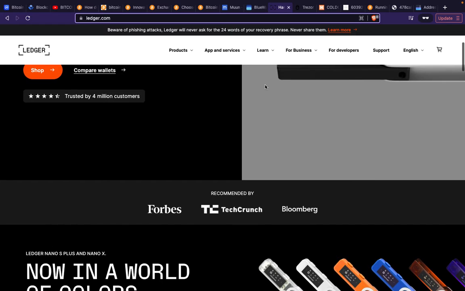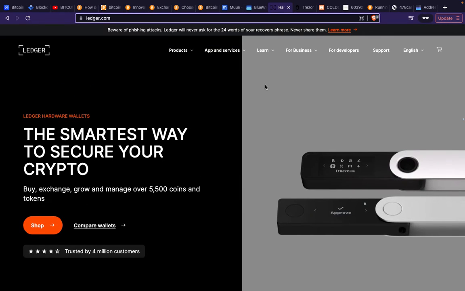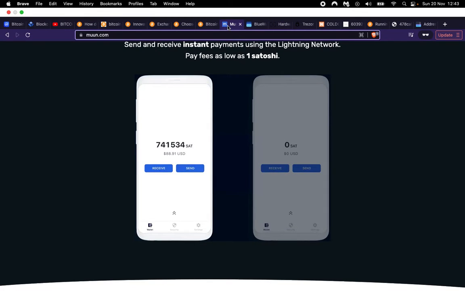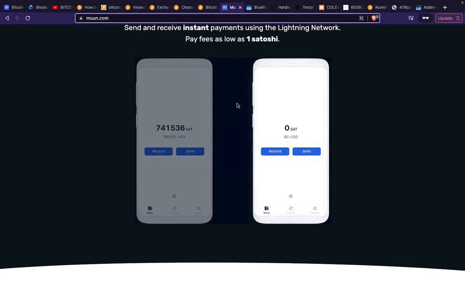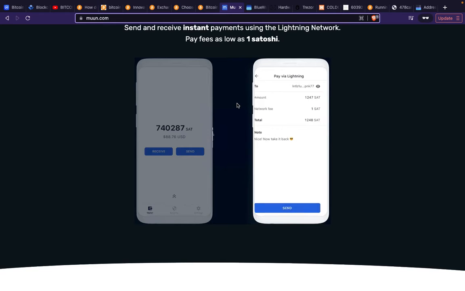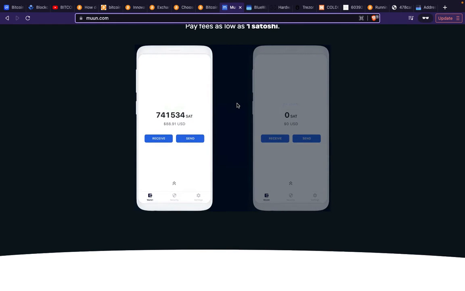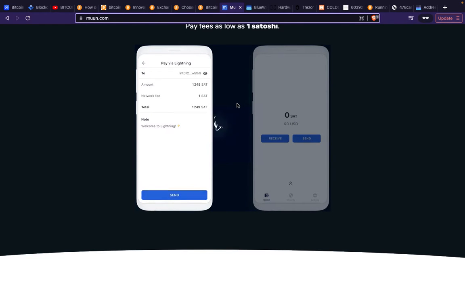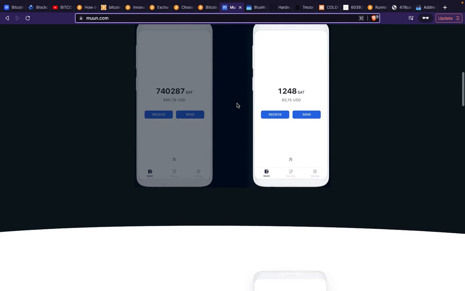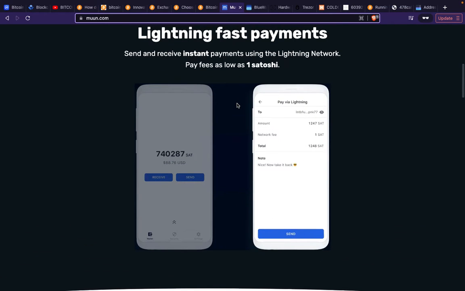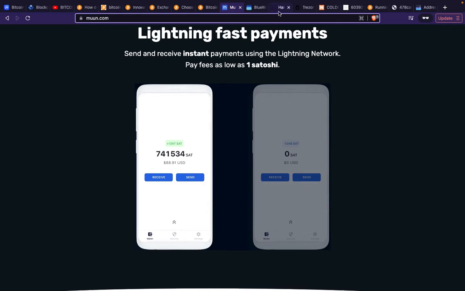You could use Blue Wallet if you have a couple hundred, right? If you have a few thousand sats, yeah, it's fine. You can use a Lightning wallet to buy a few things if you're traveling, stuff like that. But if you're planning on saving for the long term, you'd better use a hardware wallet.